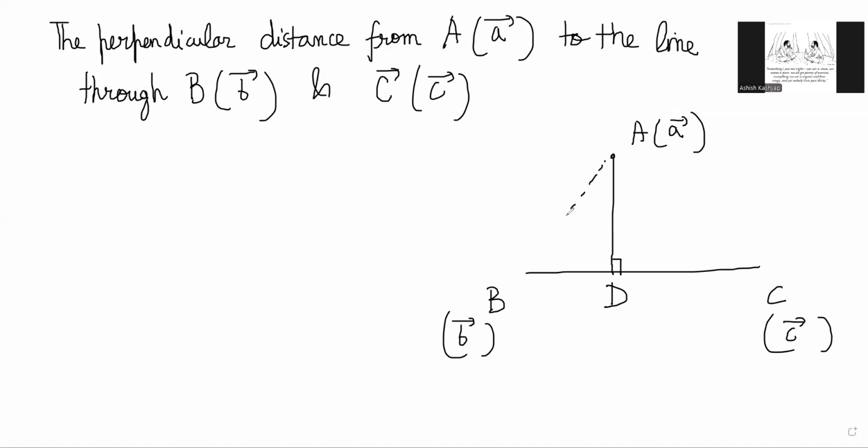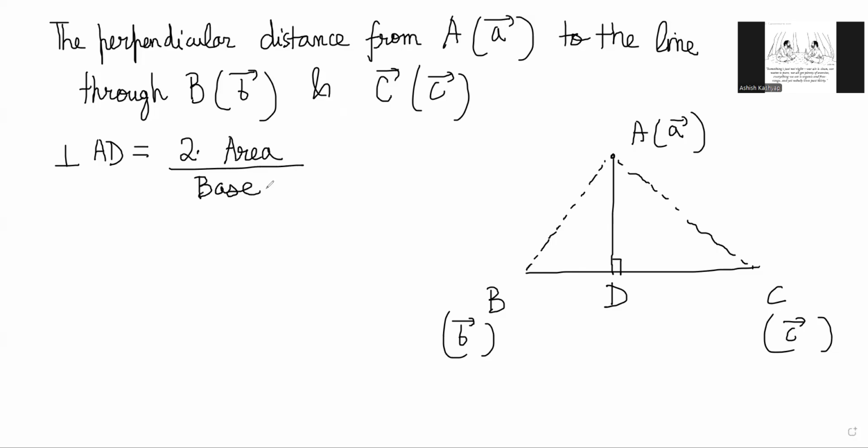So if I join this triangle like this, I can easily say that perpendicular AD is equal to twice the area of the triangle divided by the base, right? Because half into base into height is equal to the area, right?